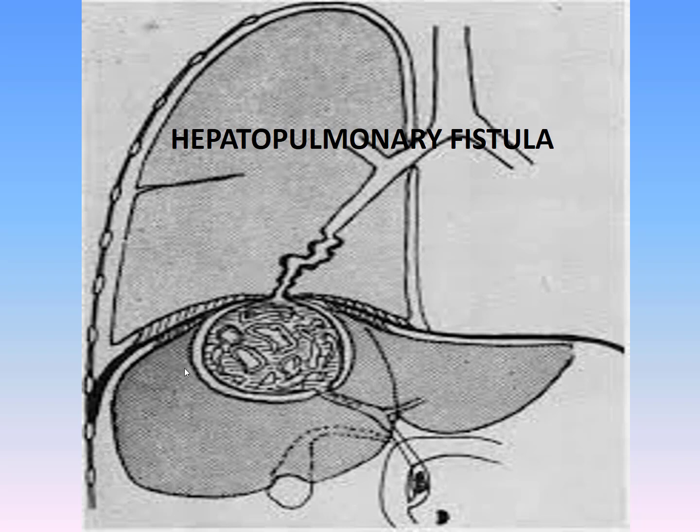You can see here that this is basically the hydatid cyst of the liver, but that has ruptured into the lung. Okay, and this fistula you can see through the diaphragm, it has gone into the lung.